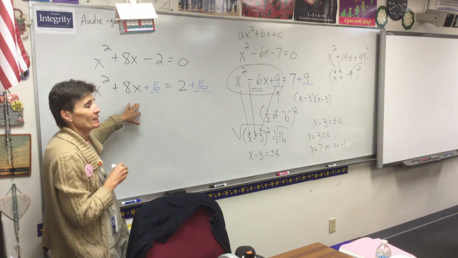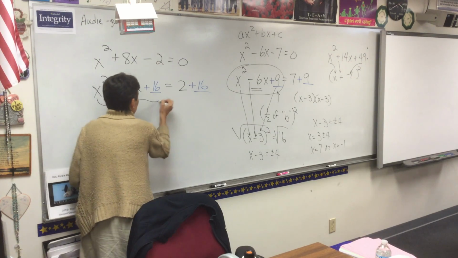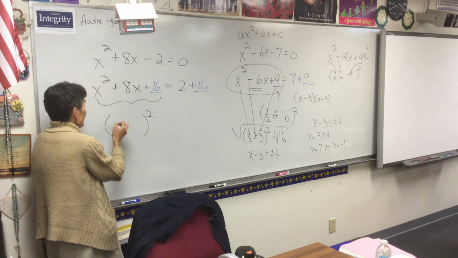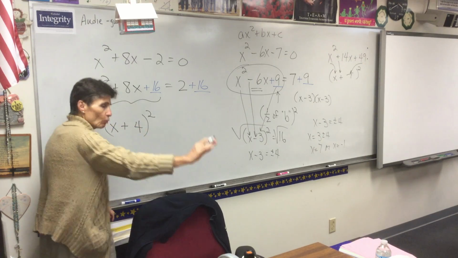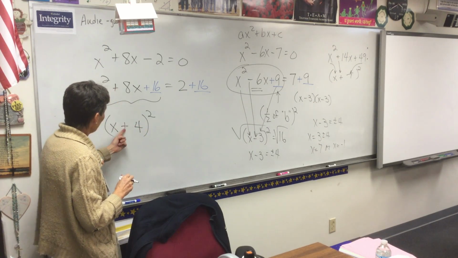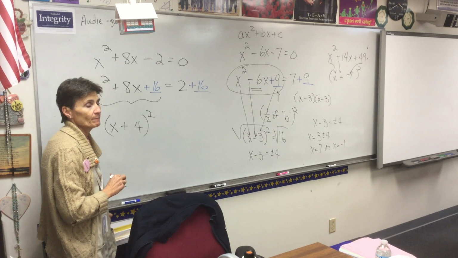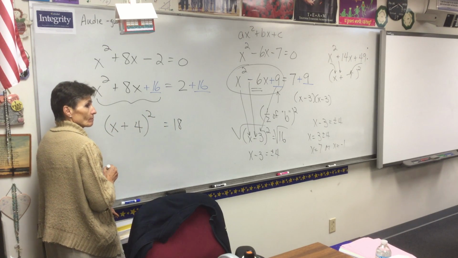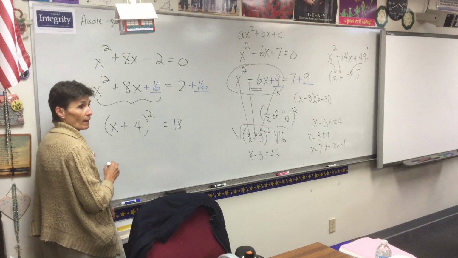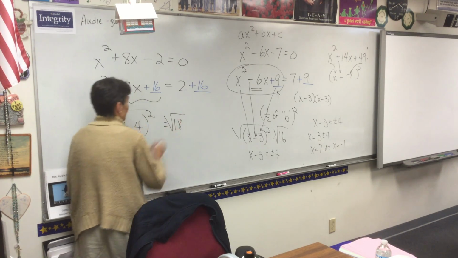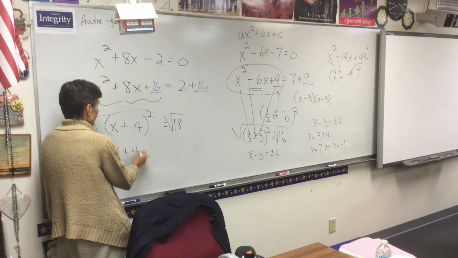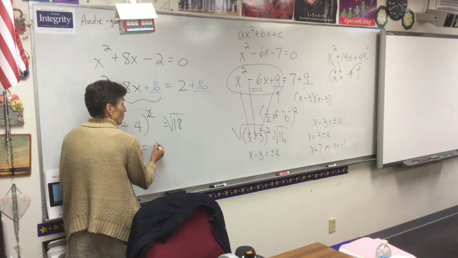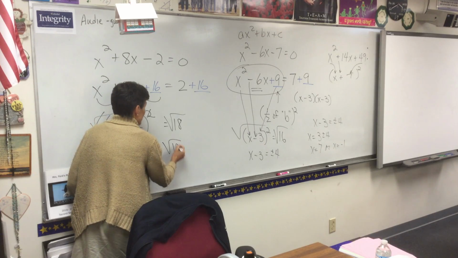Now, the next step is, you have to write this as a perfect square. X plus 4, absolutely right, equals 18. Now what? Square root. So x plus 4, remember these just cancel, so that's easy, plus or minus the square root of 18.